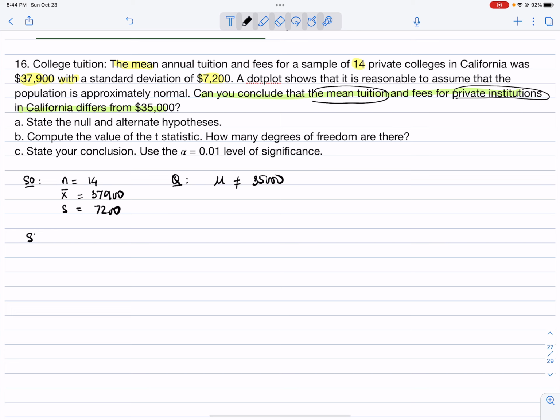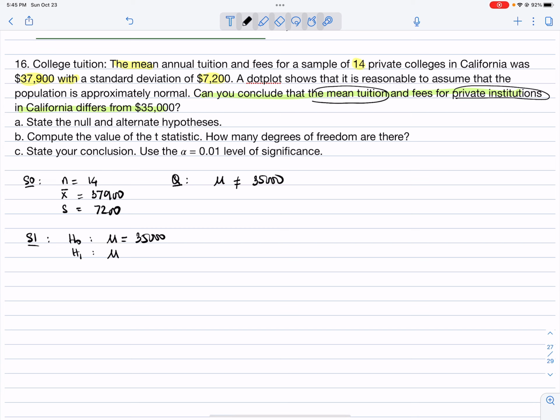Now, step number 1, we will state the null and the alternative hypothesis. Under the null, we always assume that the population mean is equal to 35,000. We always use the population parameter for this.